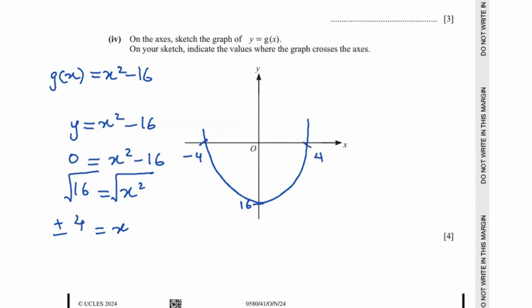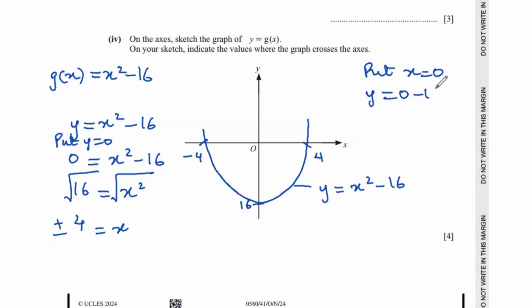So this is your graph for y equals x squared minus 16, or g of x equals x squared minus 16. For the x-intercept, you put y equals 0. For the y-intercept, you put x equals 0. So if I put x equals 0, that gives us y equals 0 minus 16, which is -16.